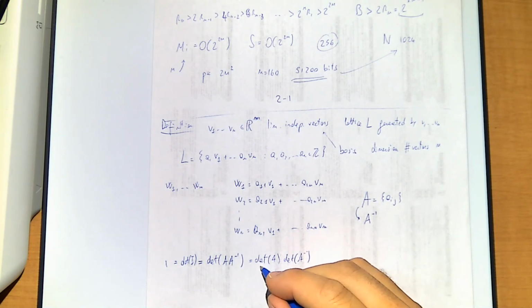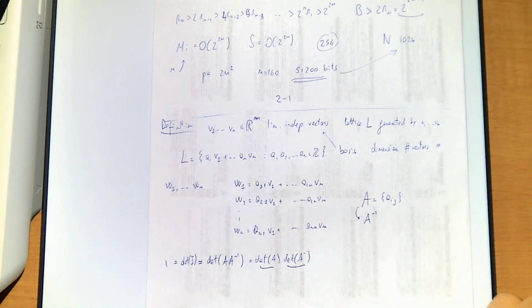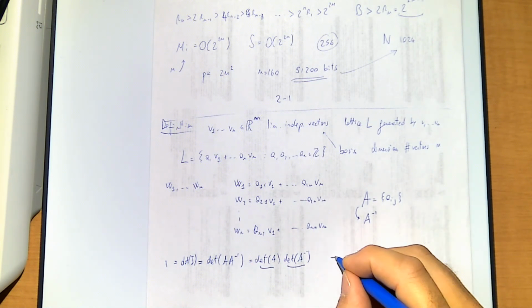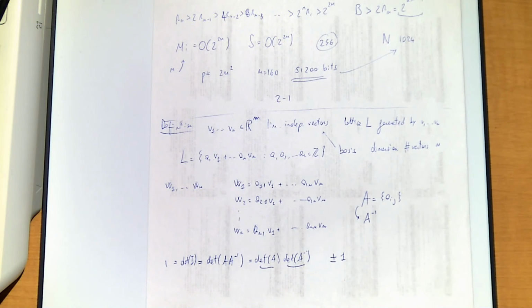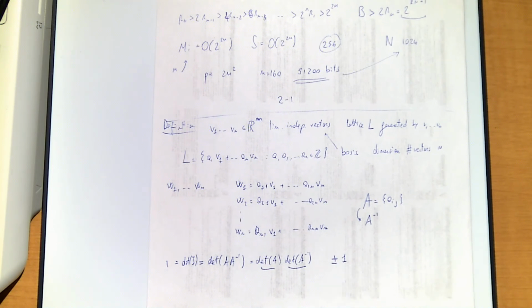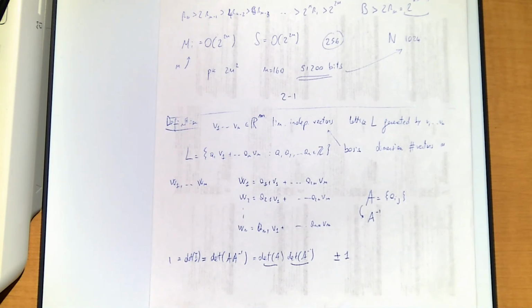And these have to be integers. So what are the only integers that work? Plus and minus 1. And so A inverse does have integer entries. And so any two bases of lattices are related by a matrix A which has integer coefficients and determinant equal to plus or minus 1. So we can easily switch between bases of lattices. Okay?